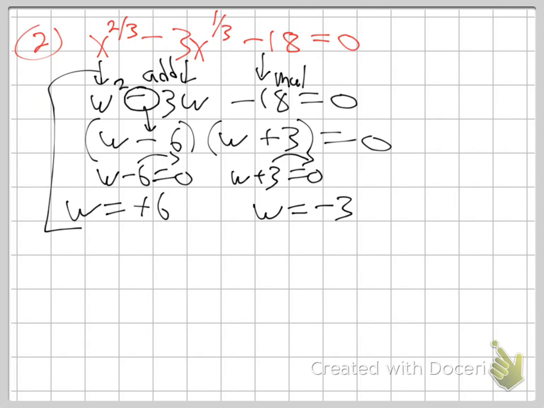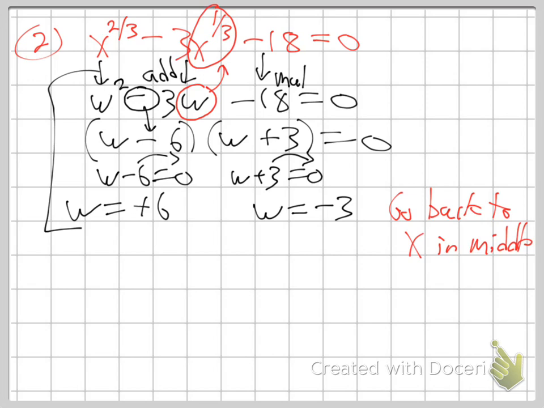Final step. Go back to X and solve. And where do we find the X? Maybe I should add to that. You go back to X in the middle. Why the middle? Because that's where W came in. It's going to be X to the 1/3. You see, W is an actor that was playing the role of the middle.